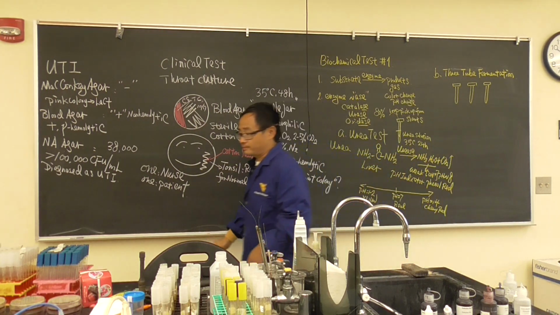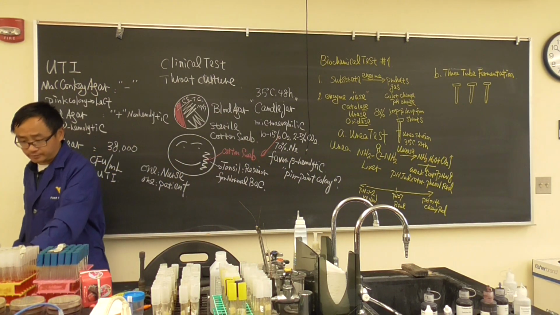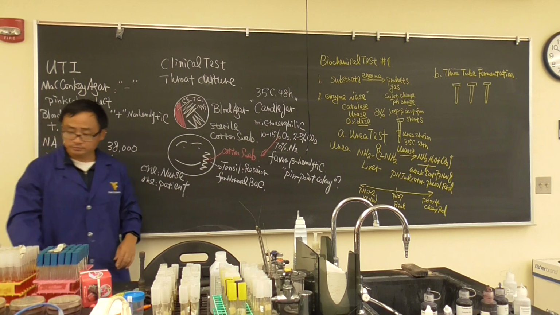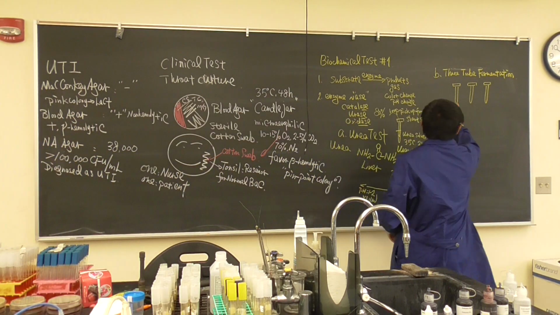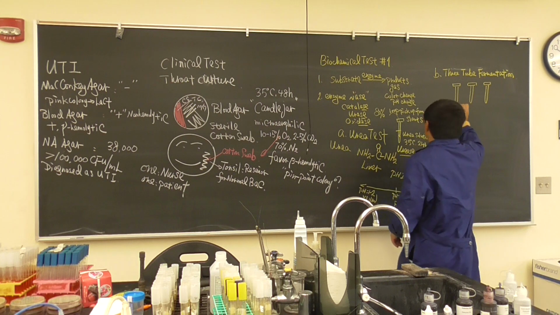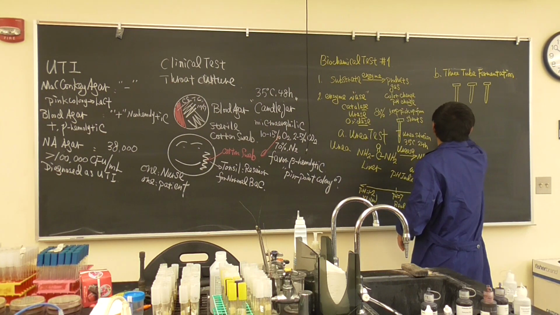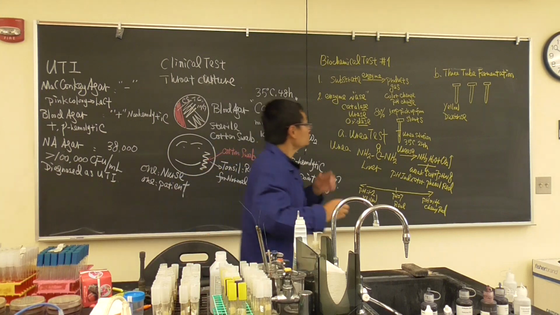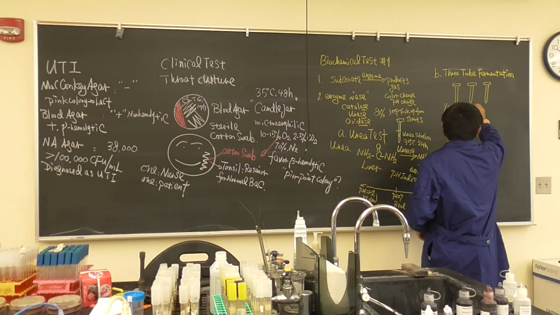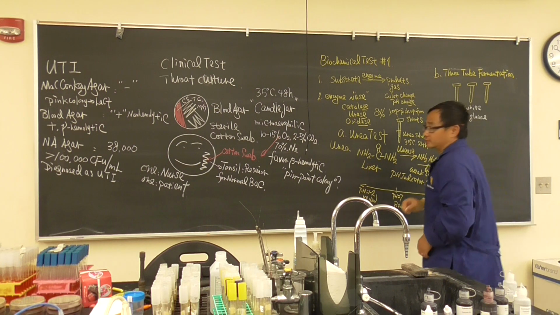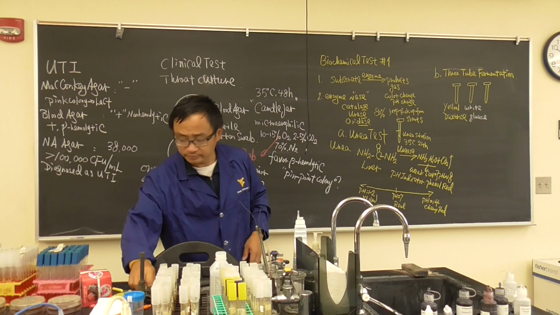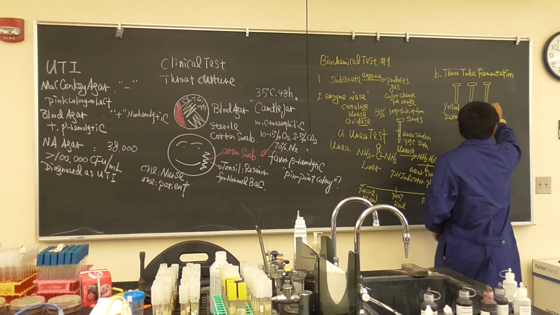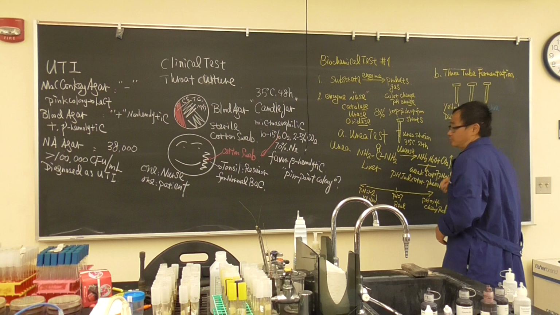If you see the label right here, a yellow cup, it is dextrose. And then you see a white cup, it is glucose. And the last one, when you see the blue cup, it is mannitol.